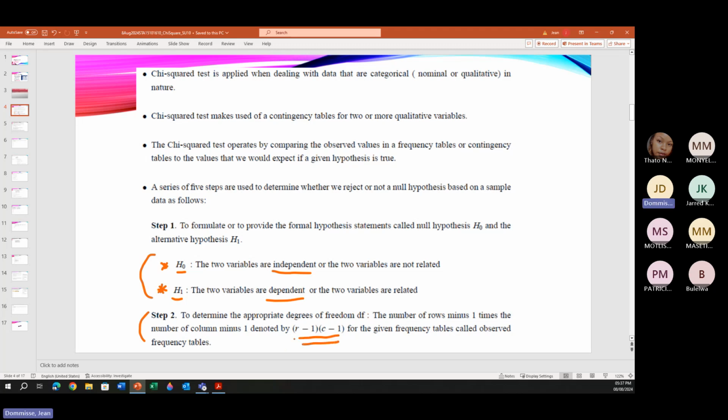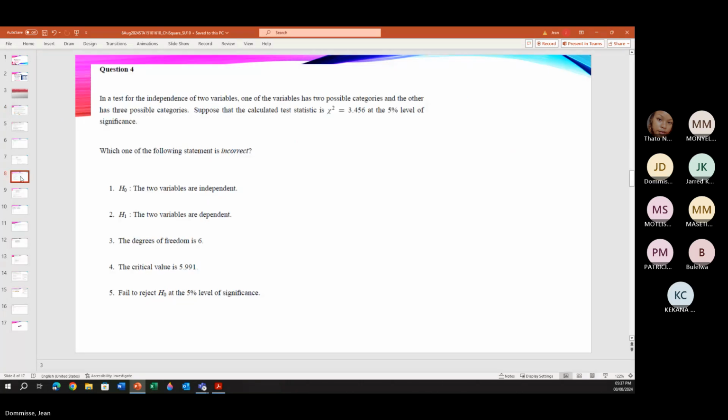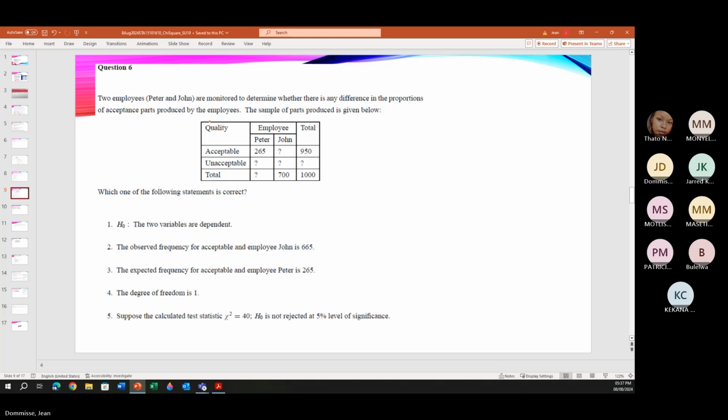Because we're always going to work with a table, you're going to see how many variables are in the one, so rows minus one and columns minus one. So let me quickly show.